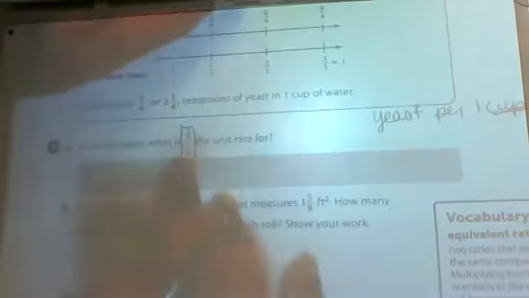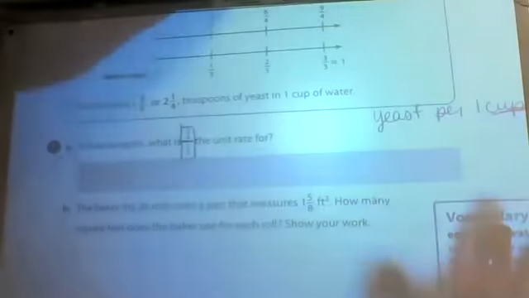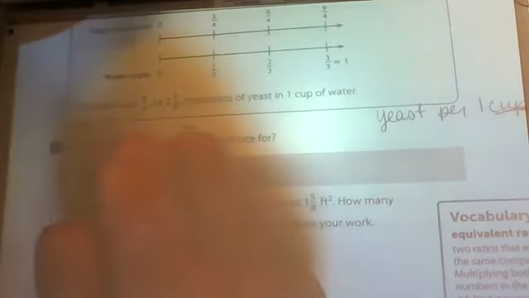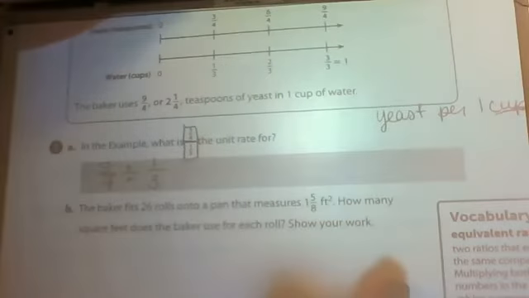So here is my complex fraction. Now, to solve a complex fraction, remember, this fraction bar is not only a fraction bar, but it's a division sign. So this is really 3/4 divided by 1/3.